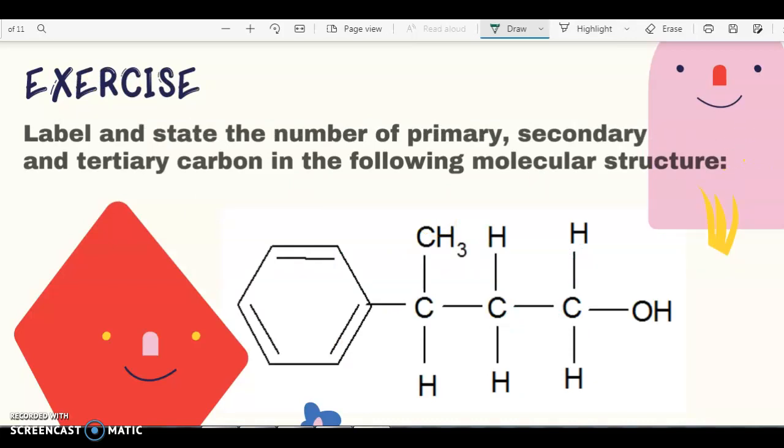Okay, last exercise: label and state the number of primary, secondary and tertiary carbons in the following molecular structure.